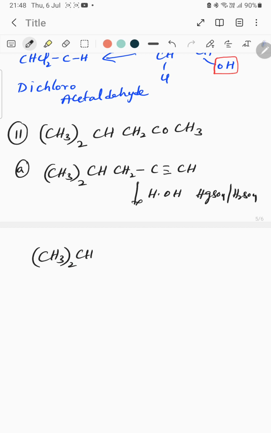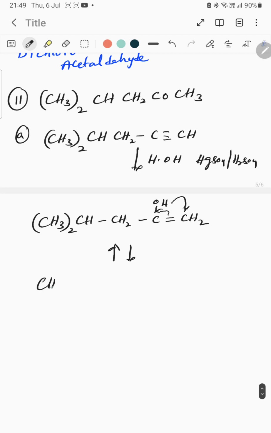CH3 taken twice CH, CH2, C, OH, double bond CH2. We are adding a water molecule. It participates in the rearrangement. The double bond shifted to here, the hydrogen is shifted to here. We get CH3 taken twice CH, single bond CH2, C double bond O CH3. The same compound will be repeated. So A is not the option.